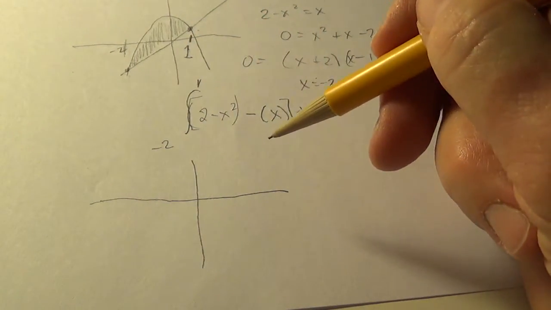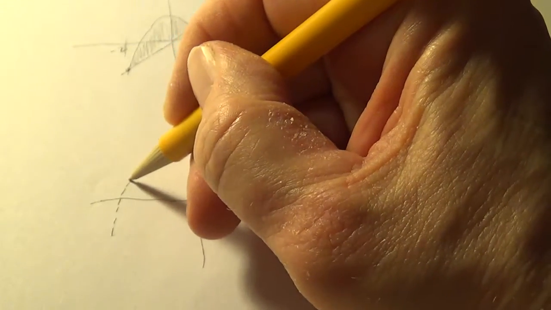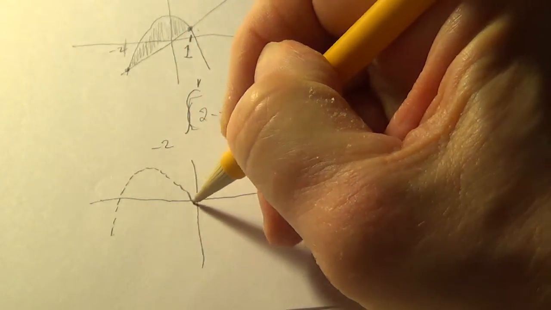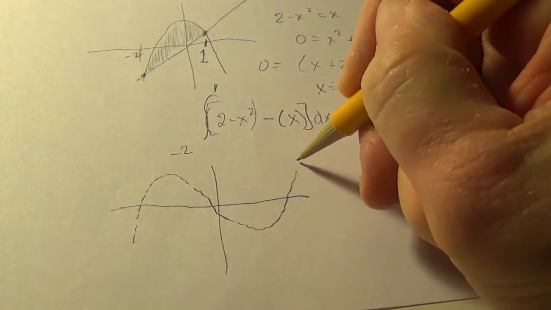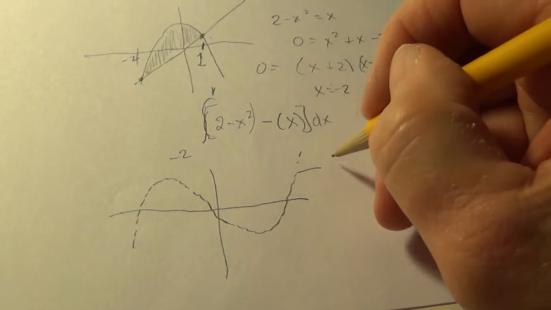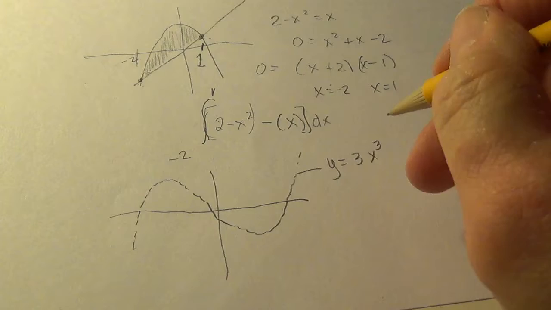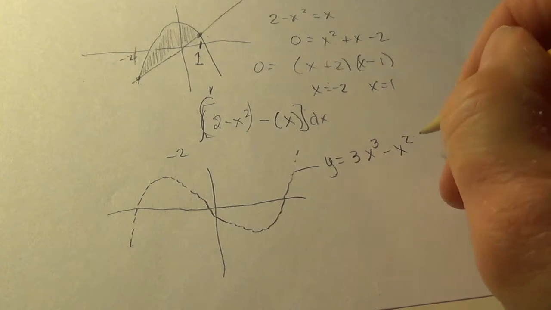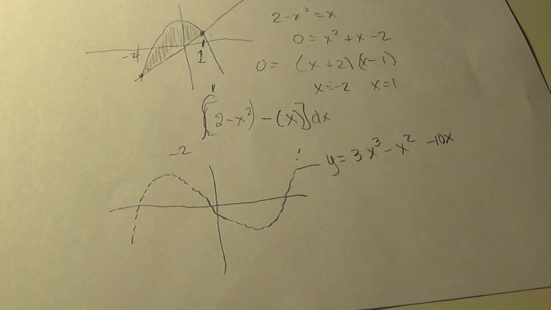we have a curve, I'll dash this one so you can see it clearly. Suppose we have some kind of cubic curve that goes from down to up. I don't know, y equals 3x cubed minus x squared minus 10x, something like that.